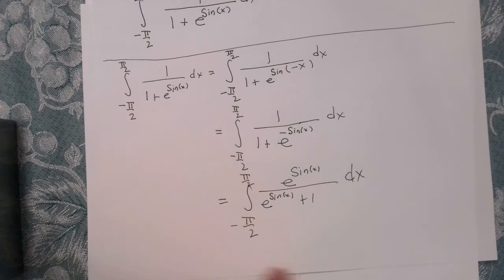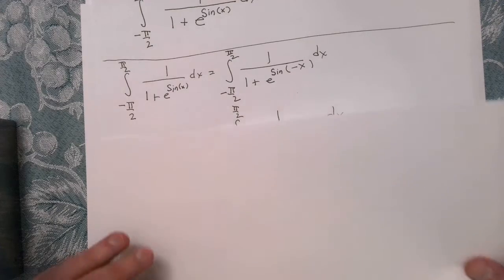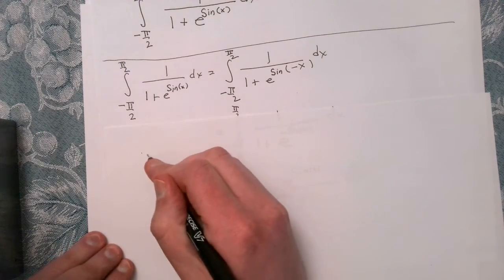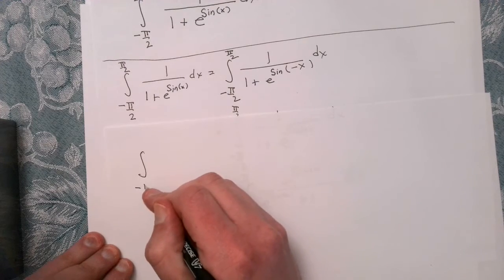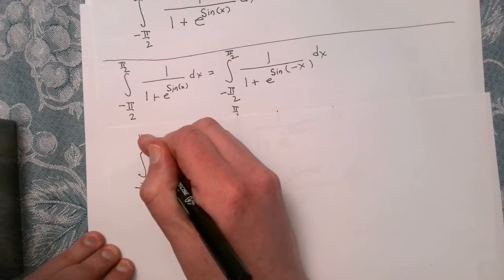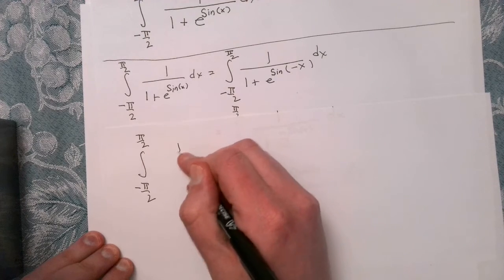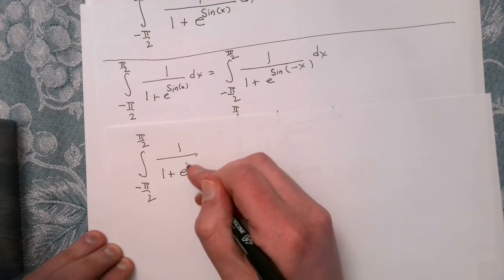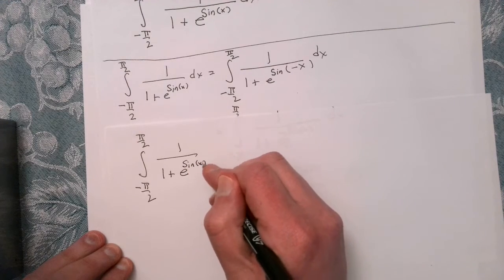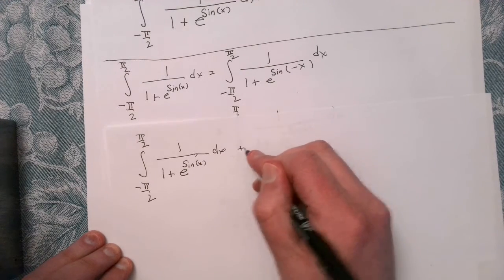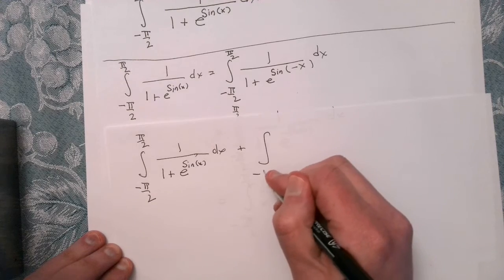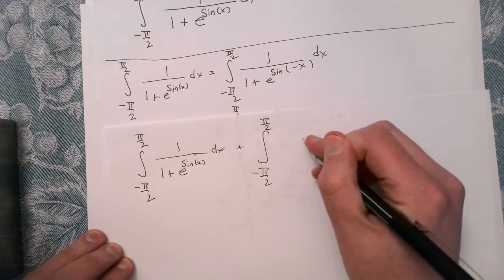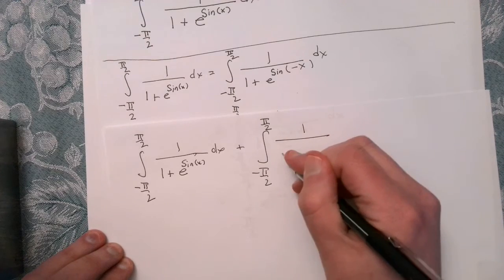Okay, so now, separate from this, we have that this original integral plus itself, right? I'm taking this and I'm adding it to itself.